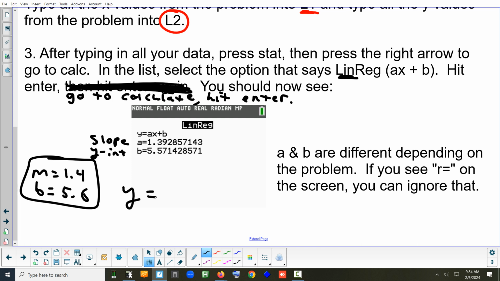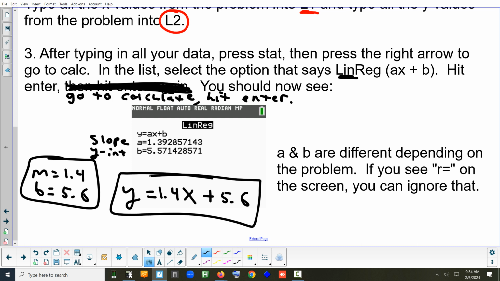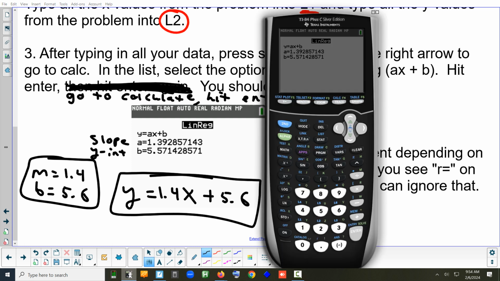So from that, what did it say the slope was? 1.4. And what did it say the y-intercept was? 5.6. Okay, that's the model. Let me type that in. You don't have to type it.